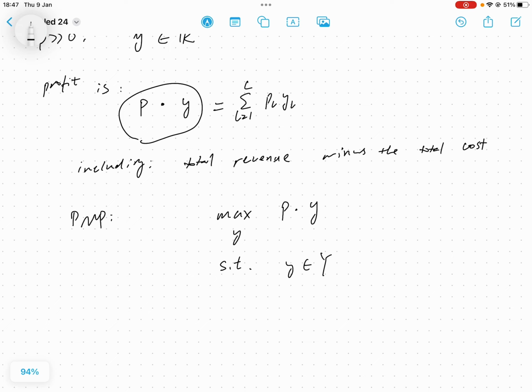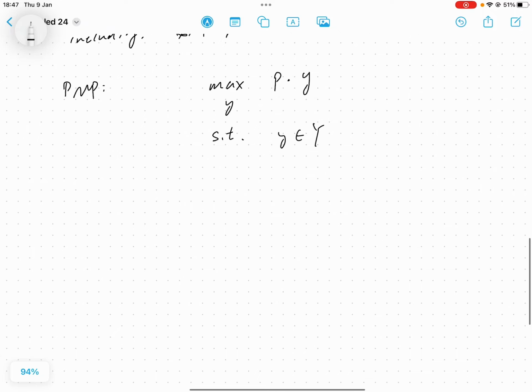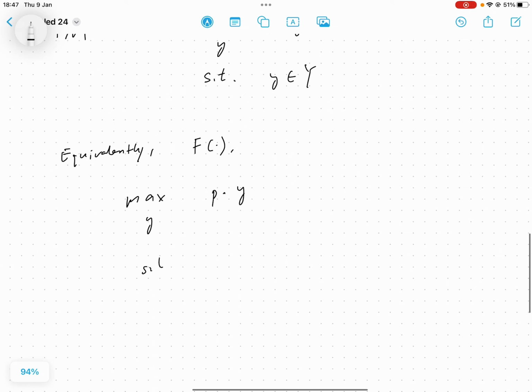Okay, or equivalently, we can use the transformation function. So it'll be maximizing also by choosing some little y, the same objective, and the constraint will be using this transformation function to be less than or equal to 0, okay, as we saw in the last video.